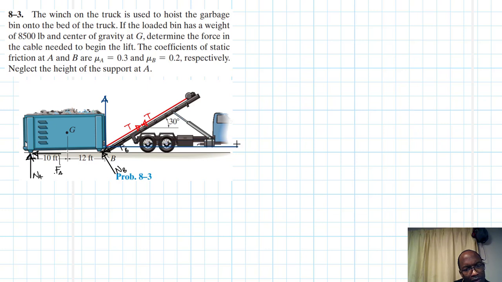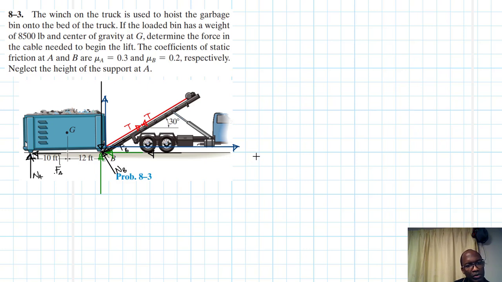For the normal force, we'll have one component like so and another one like so. Then we'll have some more components, one in this direction and another in this direction. We'll still have to label them.